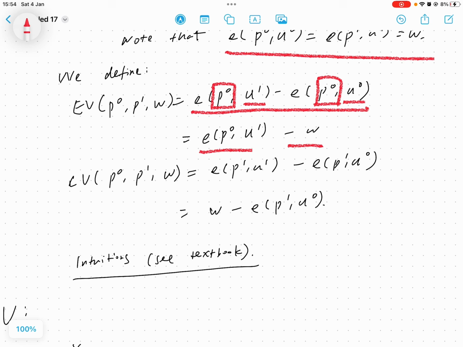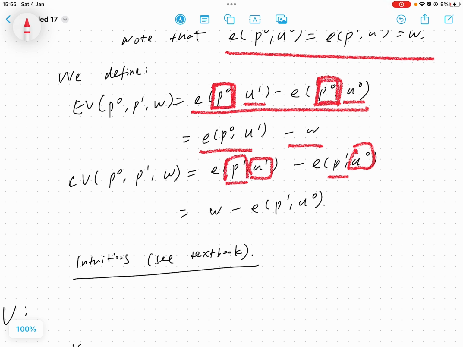Similarly, we can define the CV. CV is also a difference between expenditures among different utility levels, but it differs from the definition of EV. For CV, both expenditures take the new prices, P1, while EV took the old prices, P0.